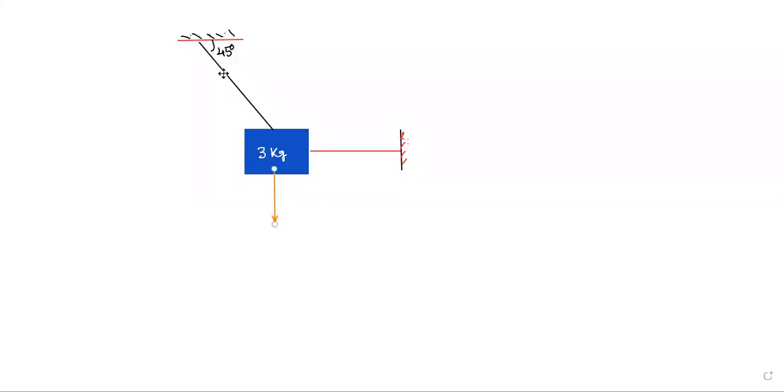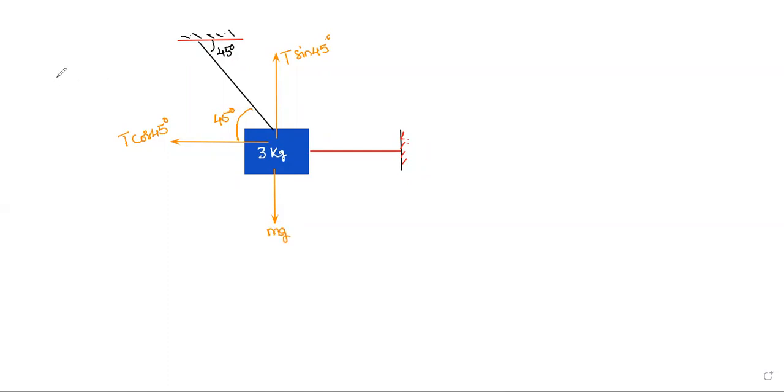We have resolved this force into two components, one in this direction and the other in the vertical direction. Here this is 45 degrees, and I wrote here, this is T cos 45 and this is T sin 45, and this is mg.